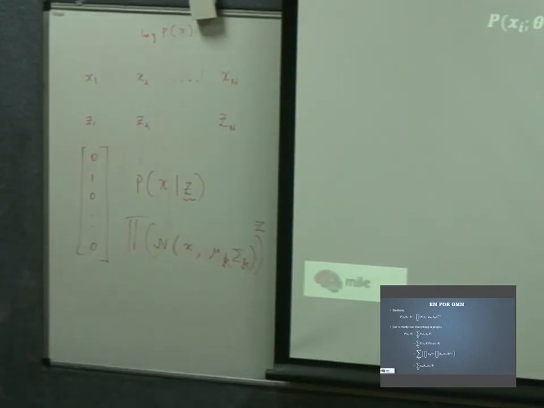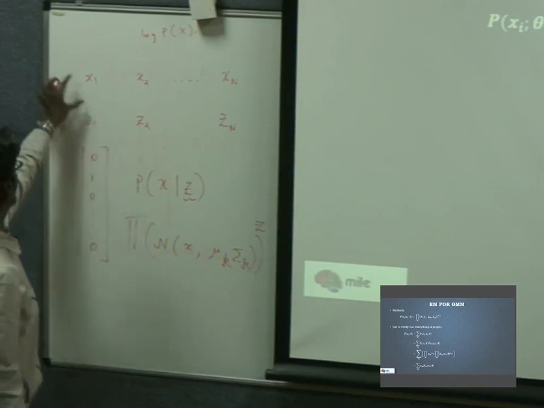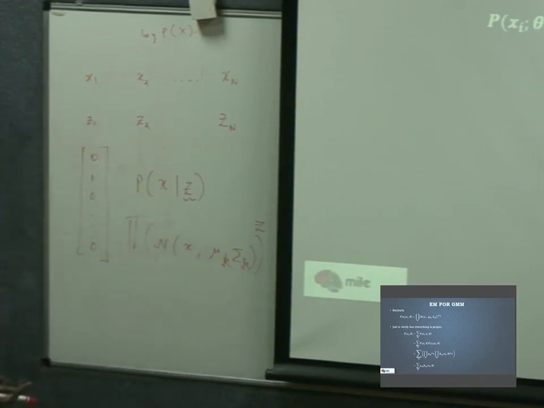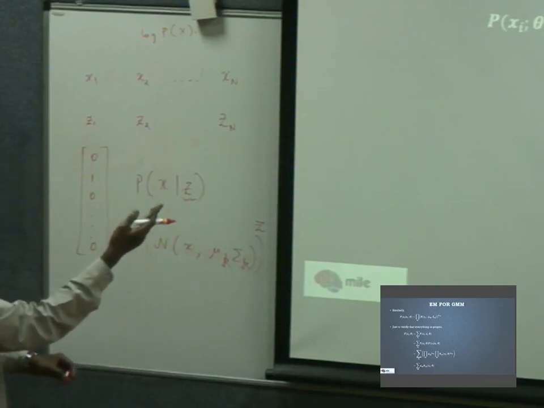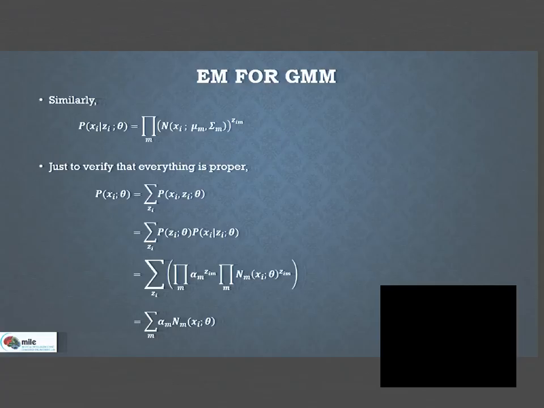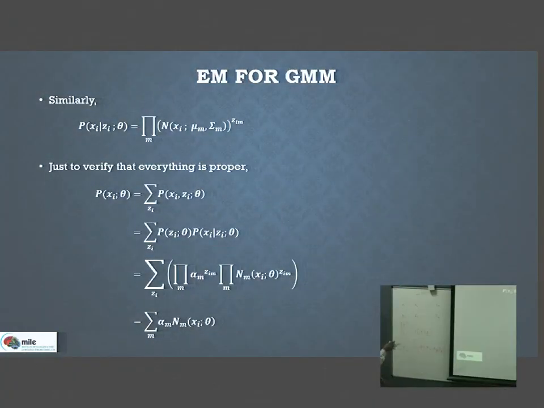So just to verify whether the p of x given z and p of z which we have taken are correct, we'll calculate p of x and see whether it actually corresponds to the GMM that we intend to model. Sorry, it should be omega m. I have modified this in the slides, but this is an old slide, so that's why.